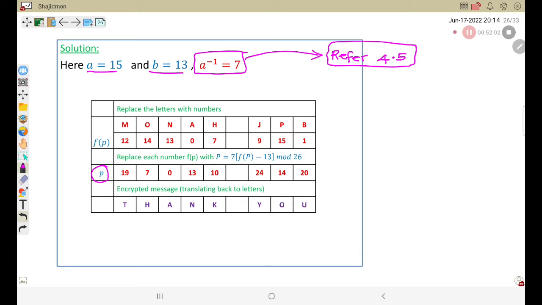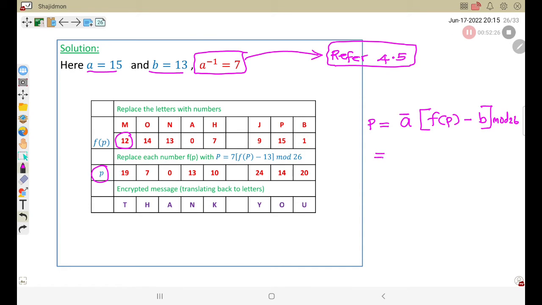Now f of p: M means 12, O means 14, like that for all the letters. Now what is the transformation we studied? Plain text equals A bar, or A inverse, multiply f of p minus the second key B, minus 13, mod 26, correct?